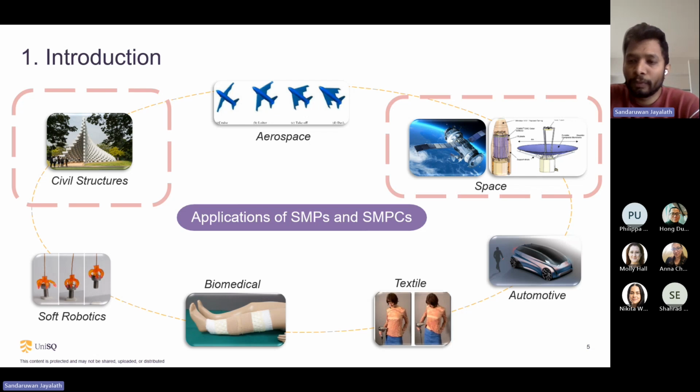When it comes to my research, there are a number of applications for shape memory polymers and their composites, including aerospace, space, automotive, textile, biomedical, soft robotics and civil structures. My research area will be a combination of two, civil structures and space applications. So I'll be making structures for space, simply put.